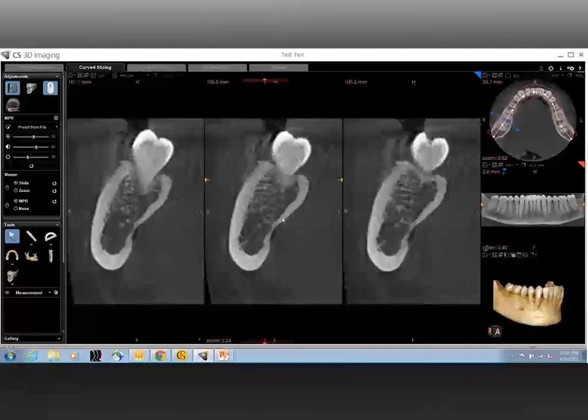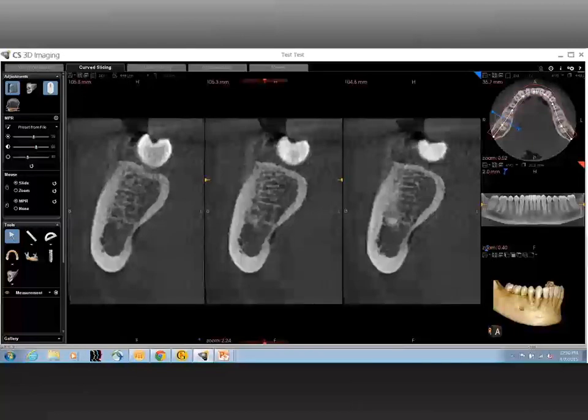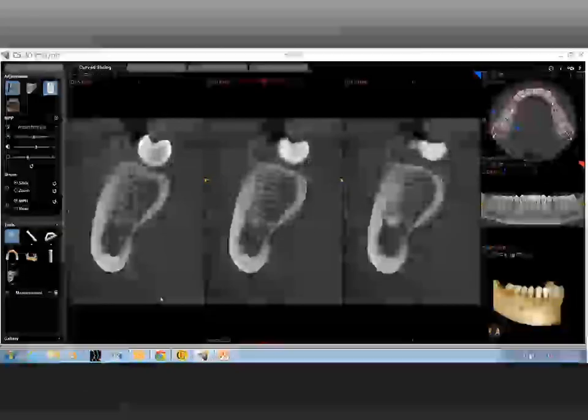And if that was an edentulous area, you have to make sure that the length of the implant does not go beyond the lingual undercut so that you do not perforate into the soft tissue. So those are the three important things: the angulation of the ridge, the lingual undercut, and the morphology of the ridge. Excellent. Thank you very much.